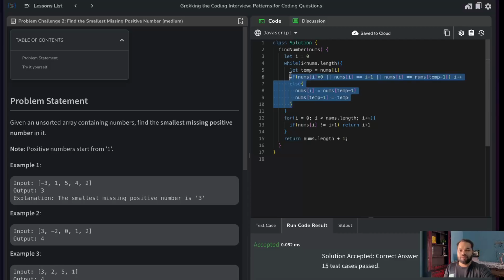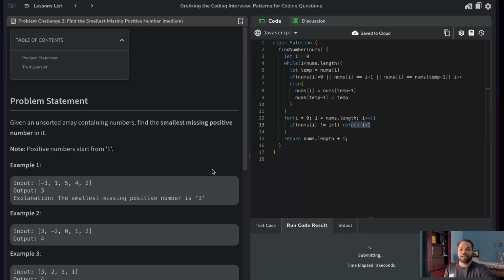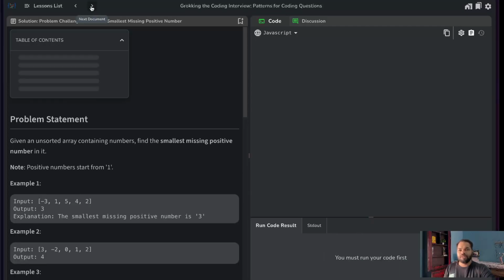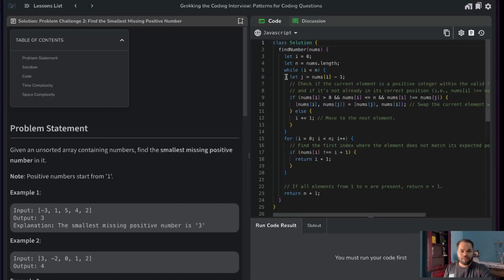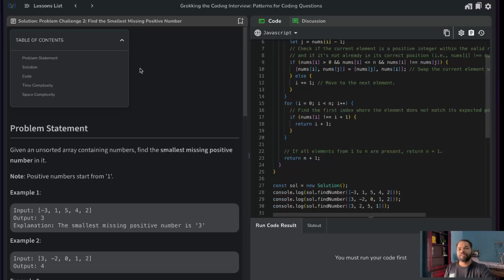Else we do the same thing, and then we look for if the I is not equal to I plus 1, then we'll return I plus 1. That is the missing number, right? And it is solving it. So let's see how they solved it. Okay, cool. No problem. The same thing.